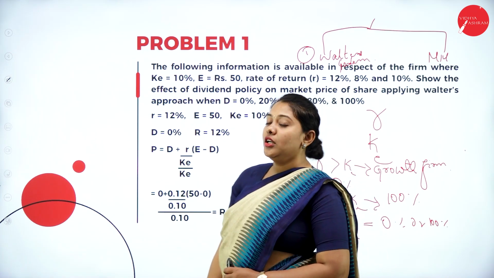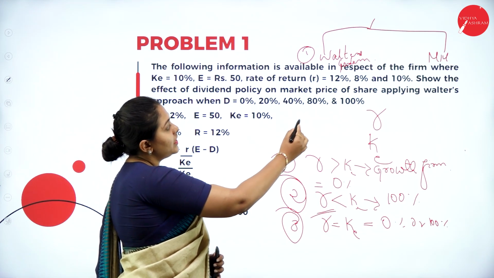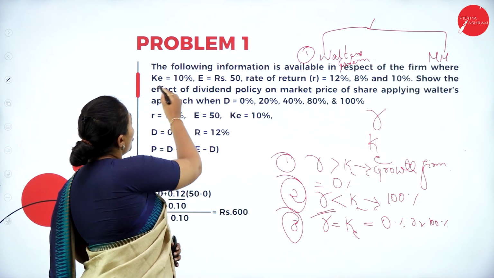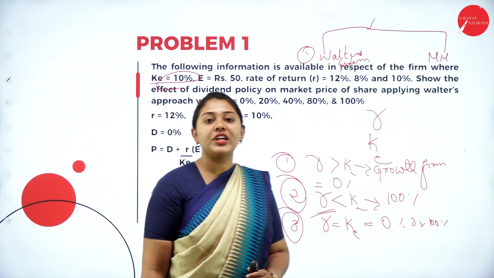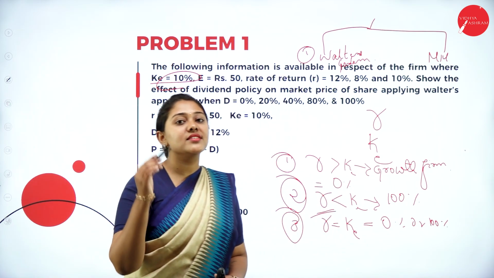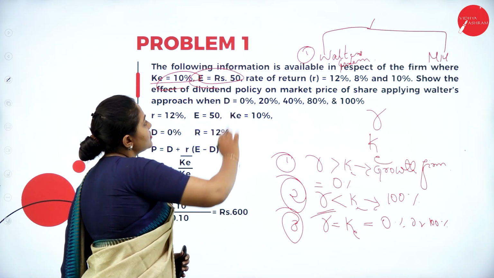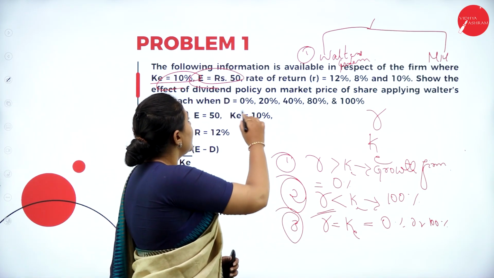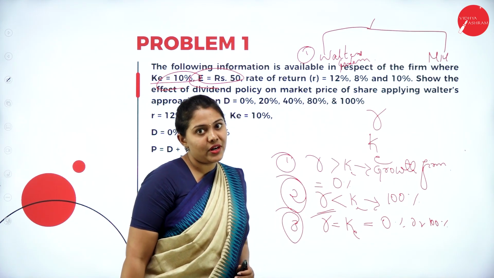Problem number 1: the following information is available in respect of the firm, where cost of equity is 10%. So what is cost of equity? 10%, so that will be 0.10. Earnings per share is rupees 50. Rate of return is 12%, 8% and 10%.